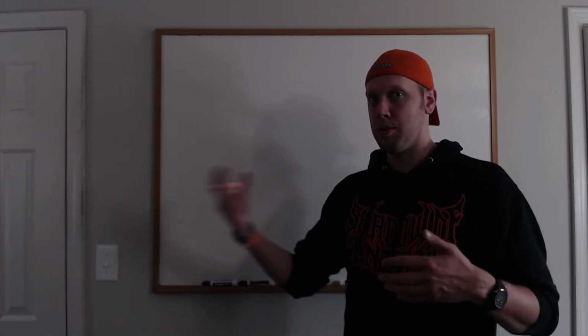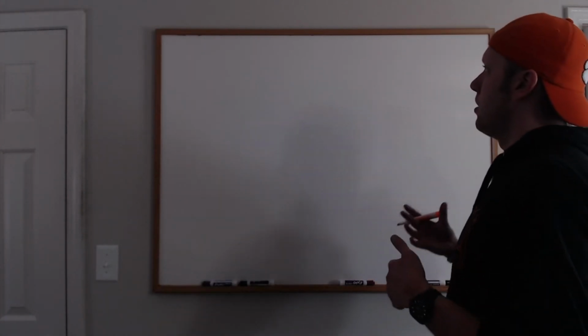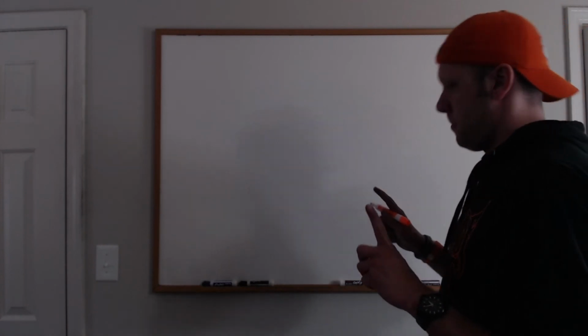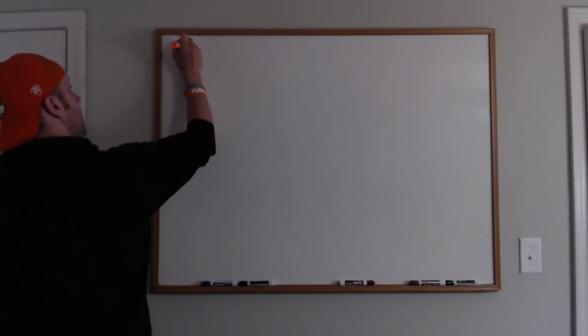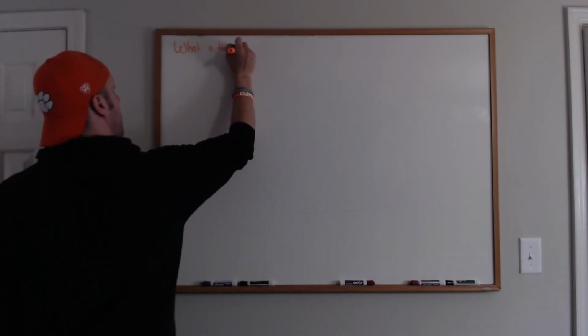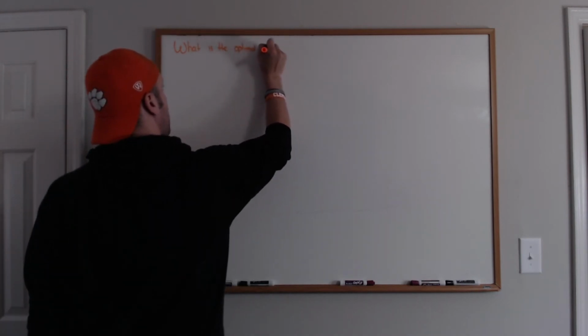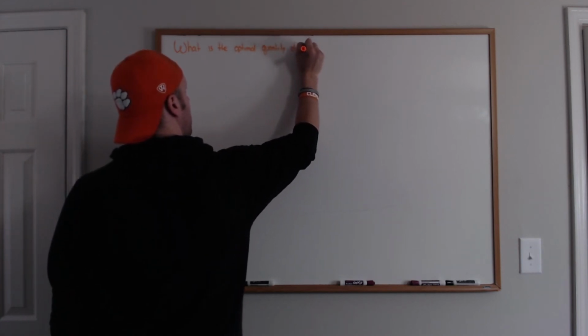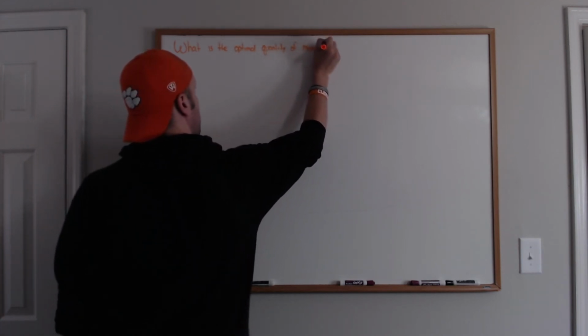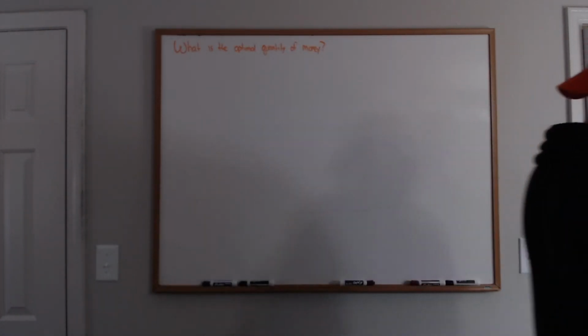Where you start determines where you end up, and how you get there. But the big question was, what is the optimal quantity of money? Milton Friedman asked this question fairly frequently.